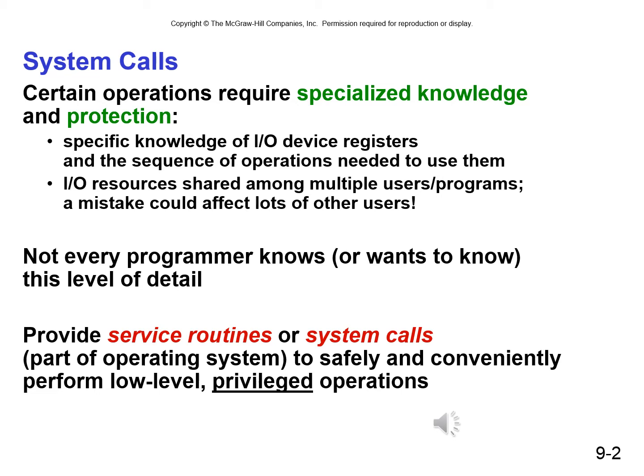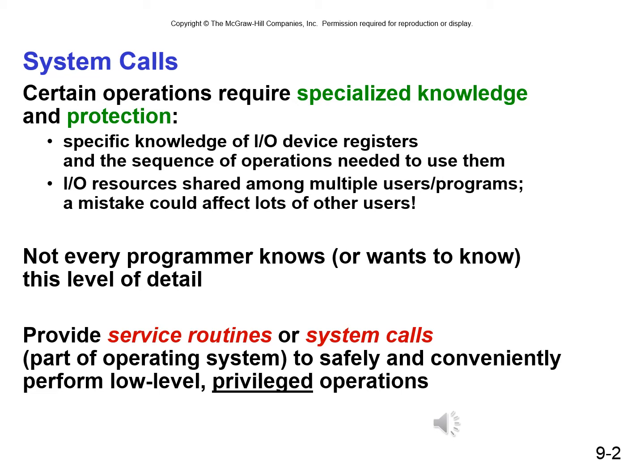So a mistake in accessing these resources could have significant impact. And there's also the matter of abstraction. Not every programmer needs the level of detail for basic I/O that's coded into a system call.